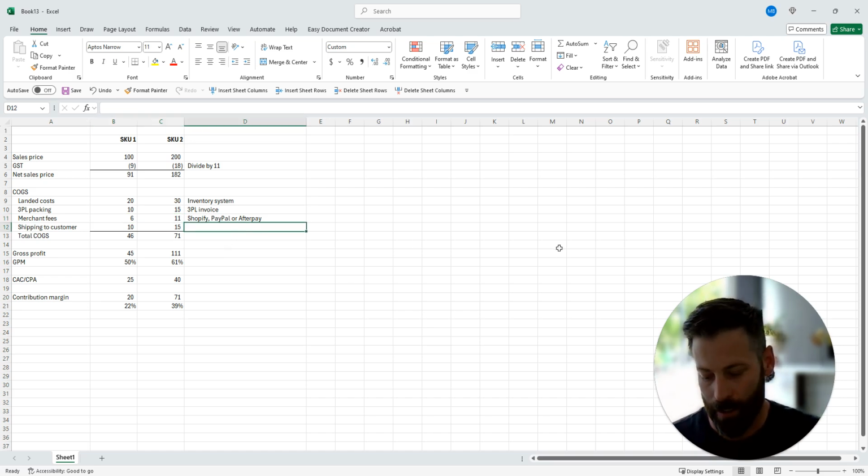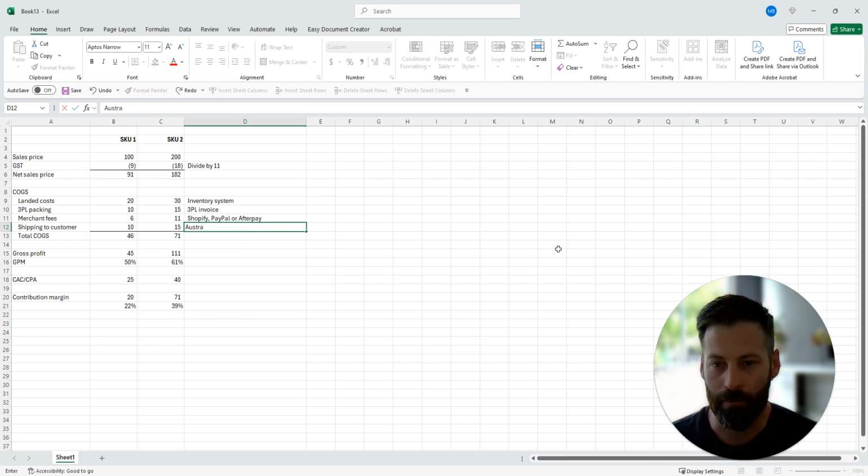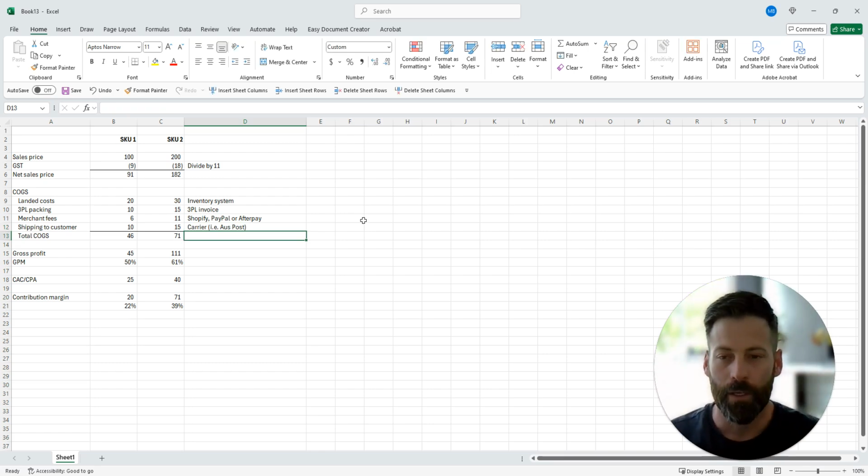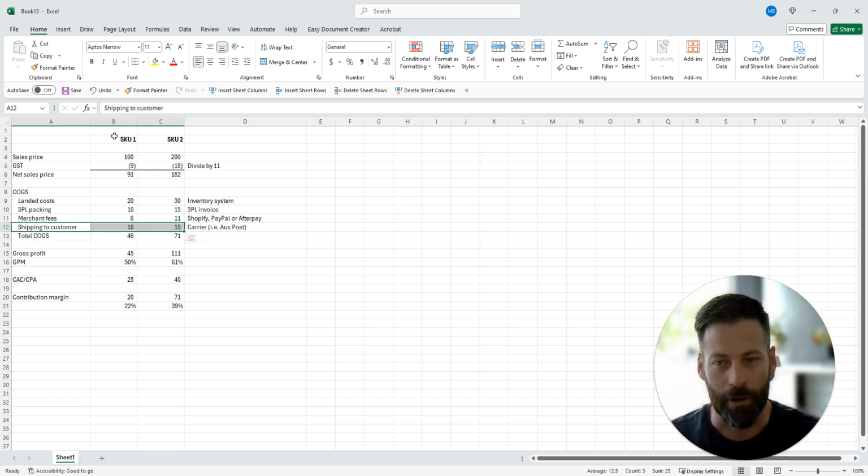Now, shipping to customer, obviously that's going to come from your carrier. So Australia Post is sort of an example there. The difficult thing to estimate here is it's going to depend for a lot of people on where you send that stock.